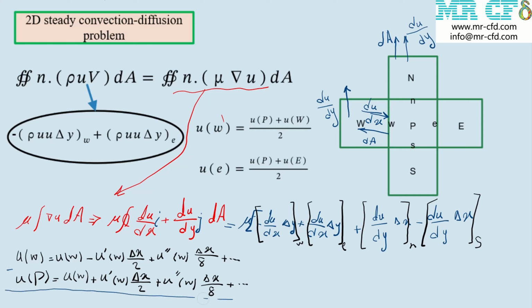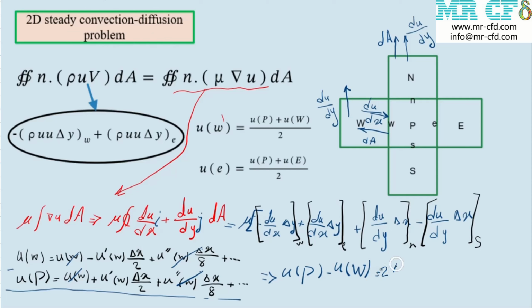By differencing these two terms, the first and second terms will cancel, and only the first derivative of u with respect to x at face W remains, which we can calculate in terms of the x velocity at nodes W and P.